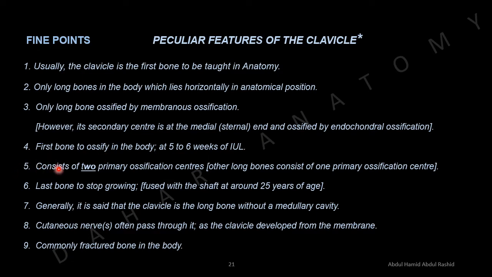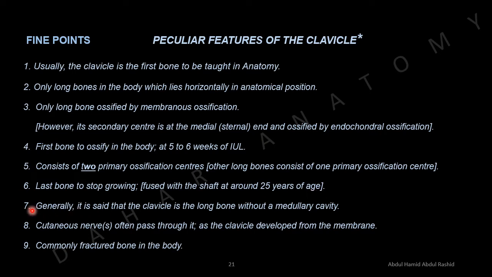It consists of two primary ossification centers. Other long bones consist of only one primary ossification center. It is the last bone to stop growing, fused with the shaft at around 25 years of age.